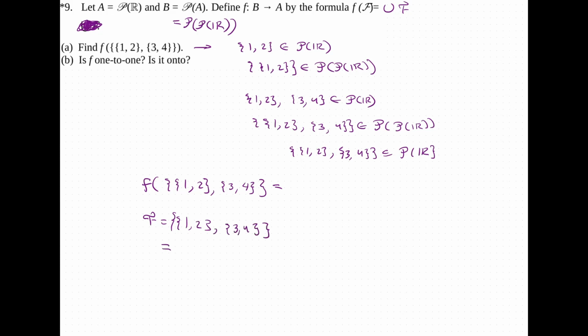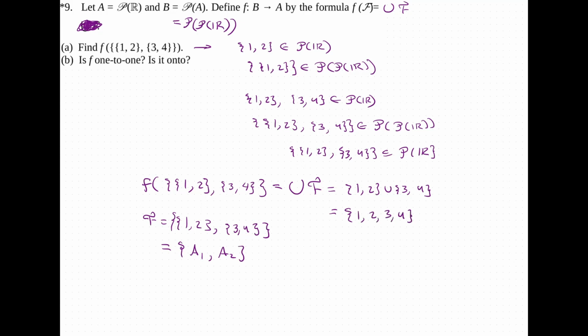So in other words, we can think about this as A1, A2, where this is A1 and this is A2. When we take the union of that family of sets, we're just taking the union of {1, 2} and the set {3, 4}. So we have {1, 2} union {3, 4}, and this is outputting back the set {1, 2, 3, 4}.